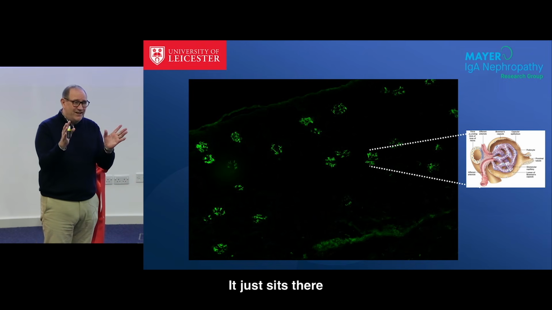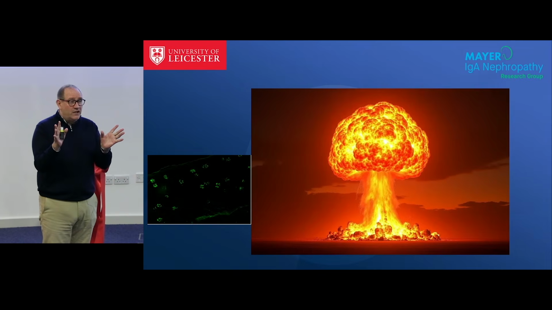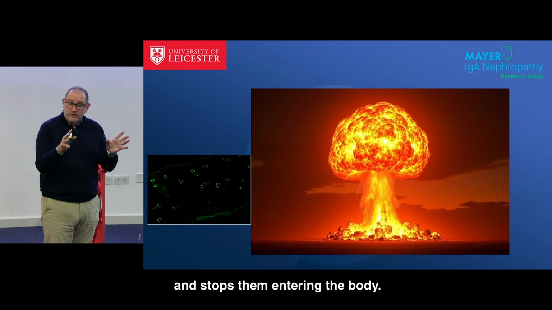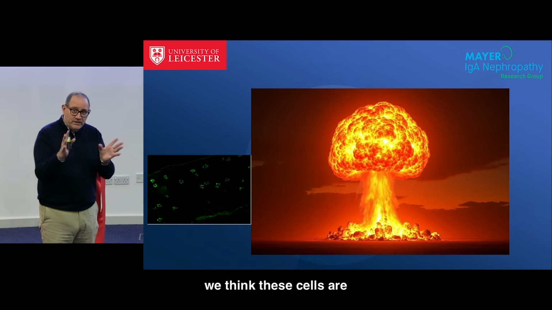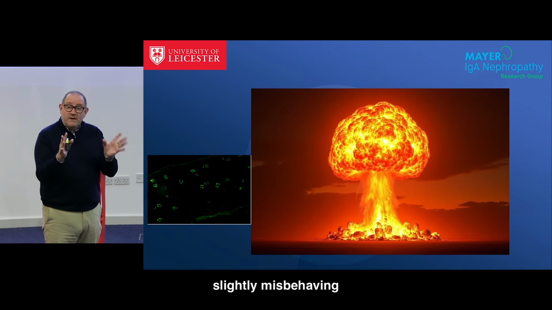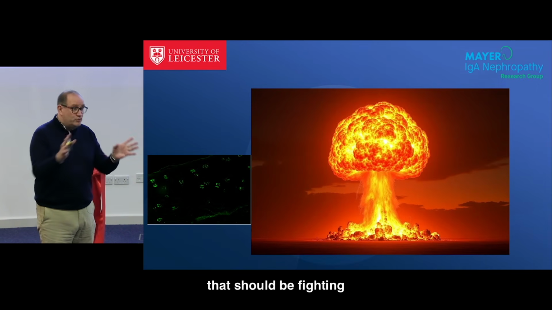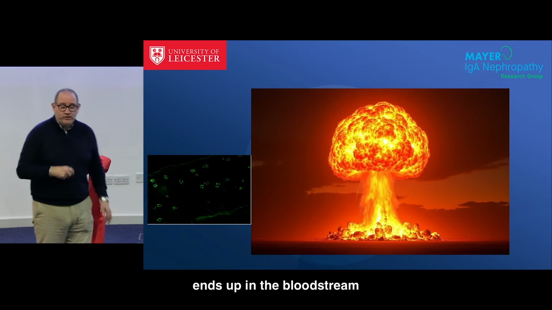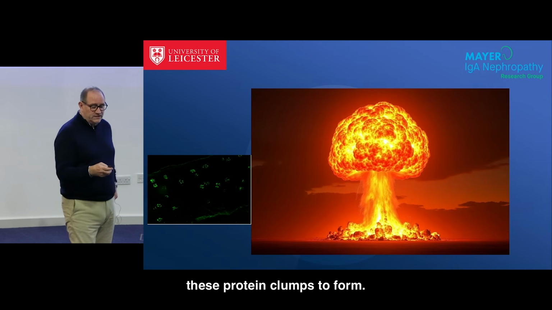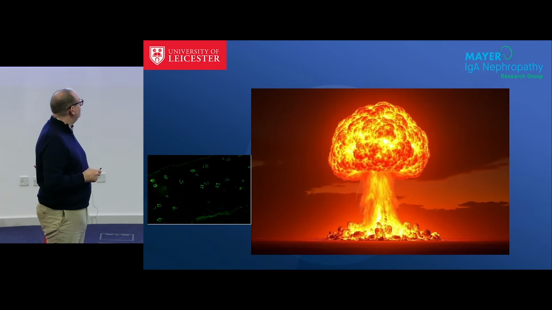It just sits there waiting for bacteria to come along, and it attacks the bacteria and stops them entering the body. And that's the normal role of IgA. In IgA nephropathy, we think these cells are slightly misbehaving, and some of that IgA that should be fighting and stopping bugs coming in ends up in the bloodstream. And there it causes these protein clumps to form.